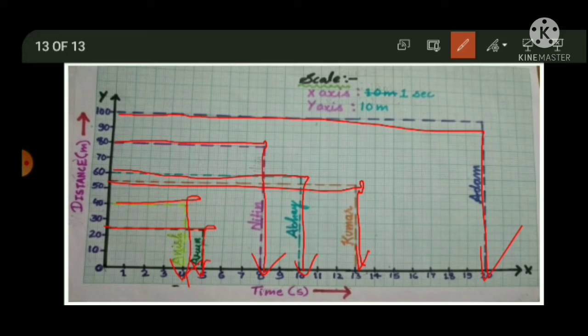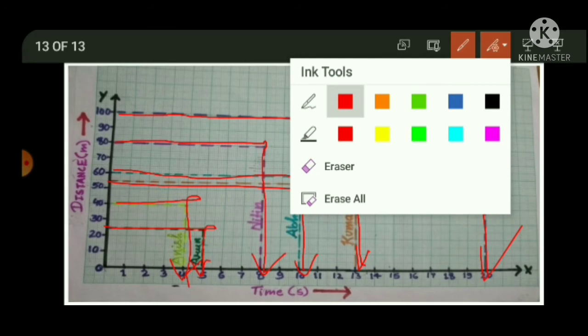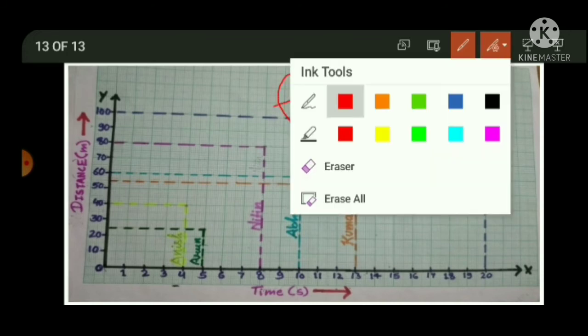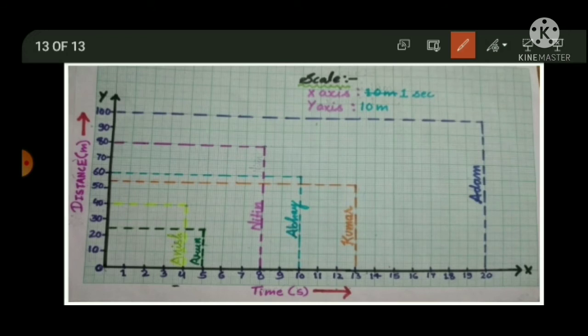From this graph I have explained how the distance time graph looks and how it is different from the line graph. In this graph I have also written the scale, which is very important. In each and every graph we have to write the scale.